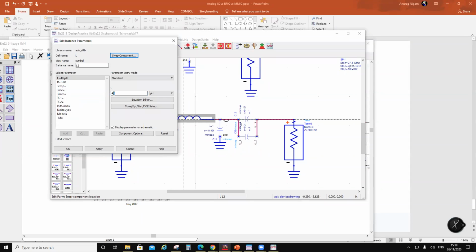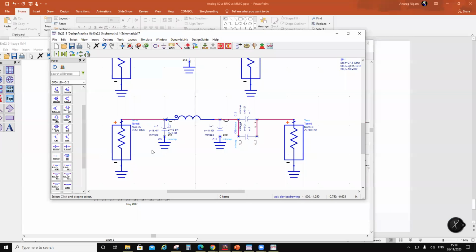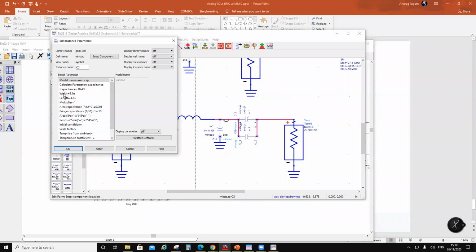Okay, so there is another way of doing this. Let it be 45. Let this be 43, 43, 43, and 43.